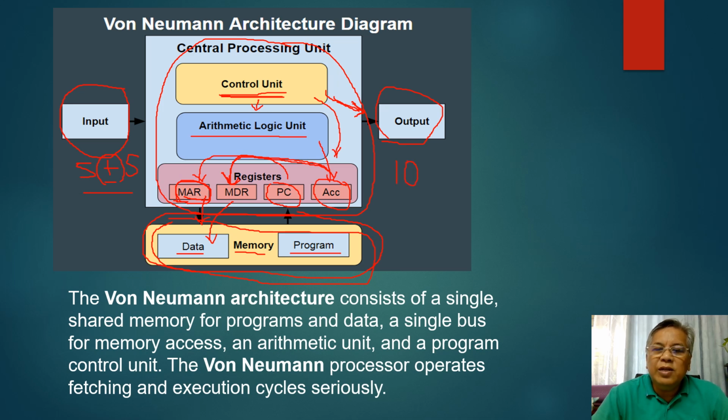So this 10 in binary form is temporarily stored into your accumulator. And then this 10 in binary form will be transmitted into your MDR and will be stored into your memory under register R sub 0. Now, the control unit again will fetch the data, which is 10 in binary form. Okay? And then it will be transmitted into your output device. Ngano mo gawas man ang 10 sa imuhang monitor?